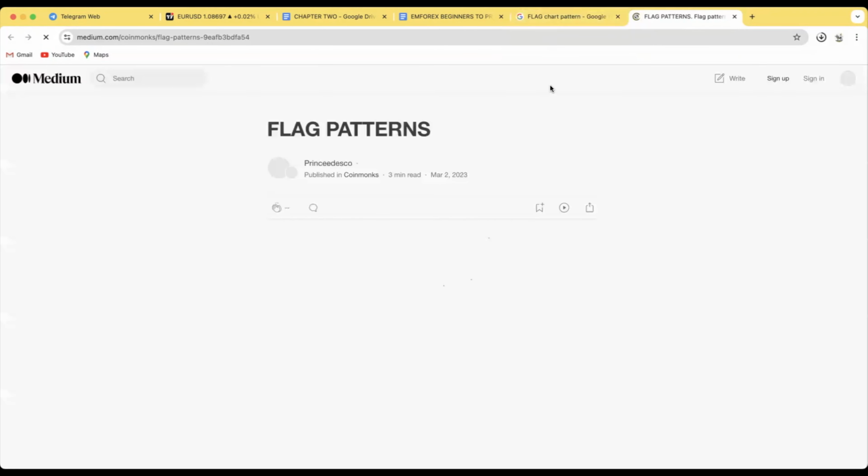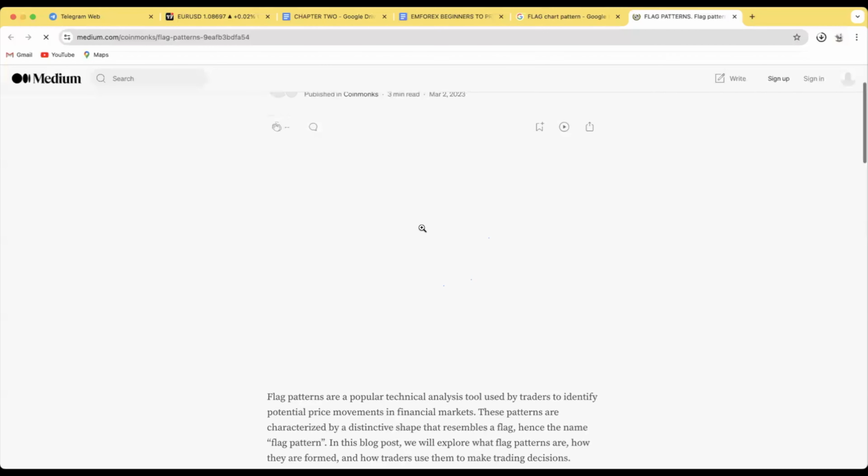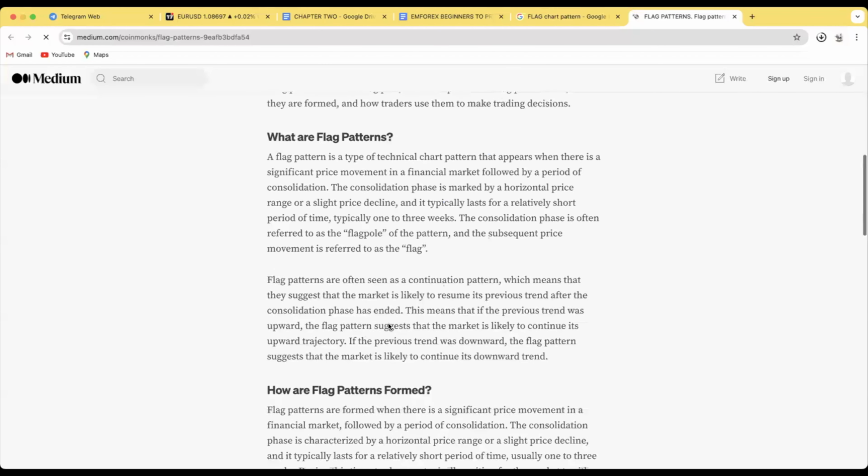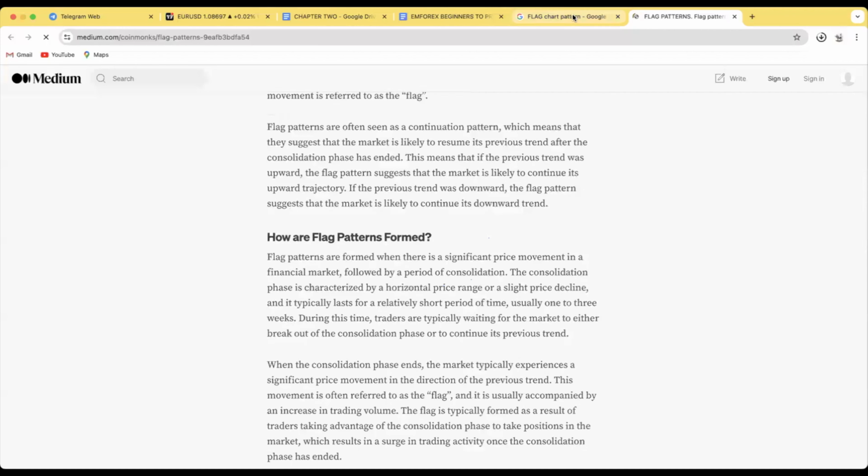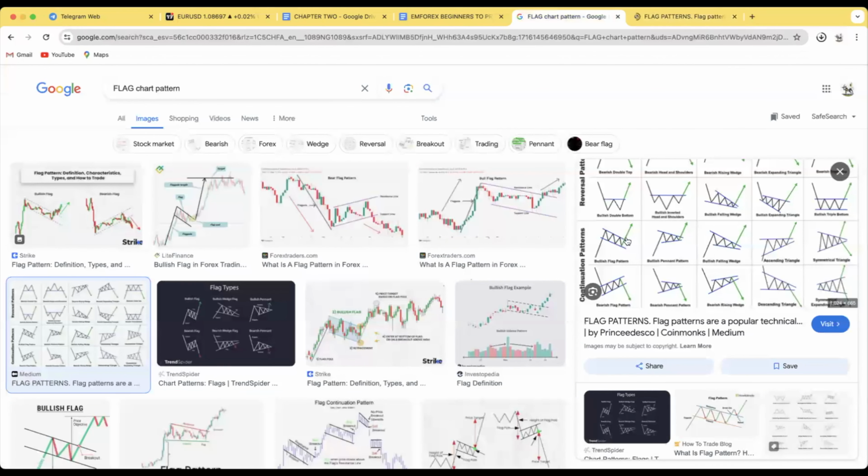Okay, the network is kind of slow, so I'll just send you guys this picture. It has the double bottom, the double top, bullish falling wedge, bullish expanding triangle.